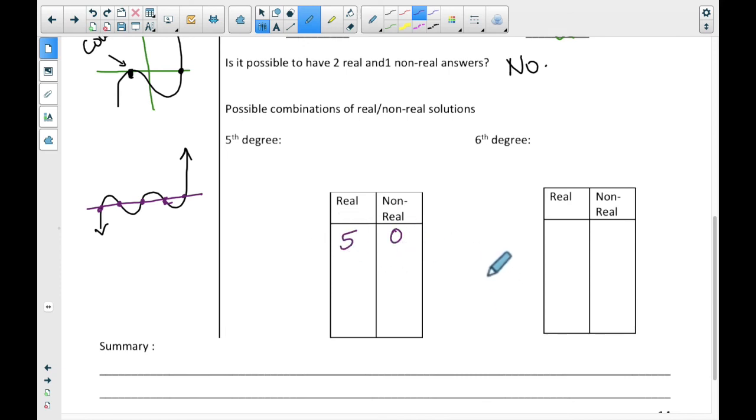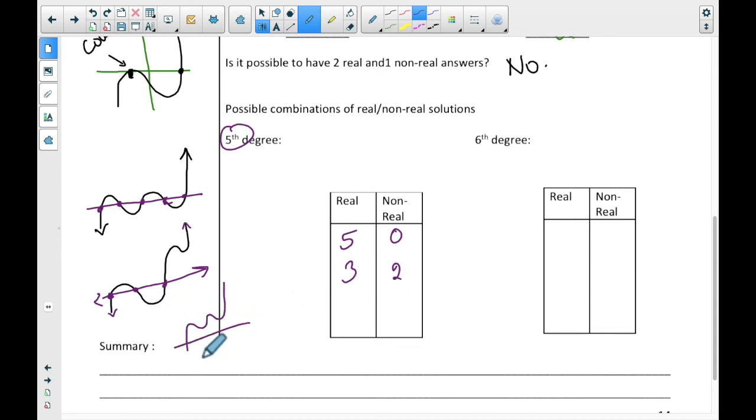How else could we draw this? Well, maybe we move this bump up here a little bit. So now we have 1, 2, 3 reals, and we must have 2 non-reals up here because they always have to add up to 5. We can move both bumps up there like this, and we just have 1 real and 4 non-real.